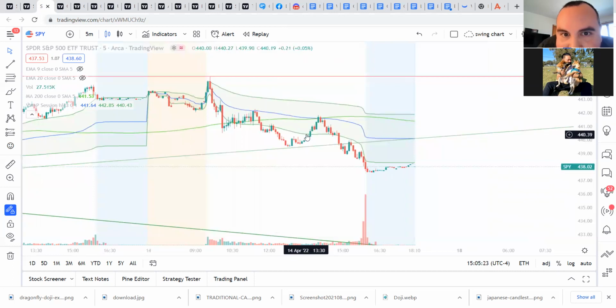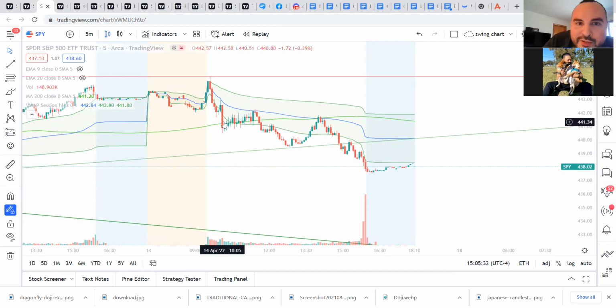What it does is it basically shows you the average price, and it takes volume into consideration. So it's price and volume.